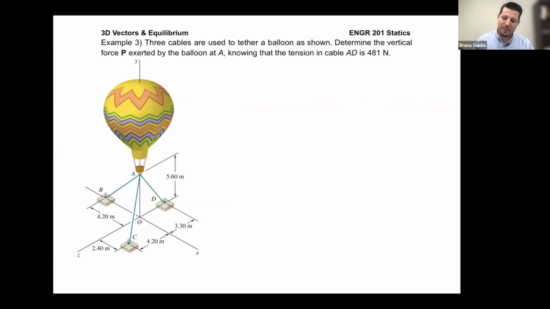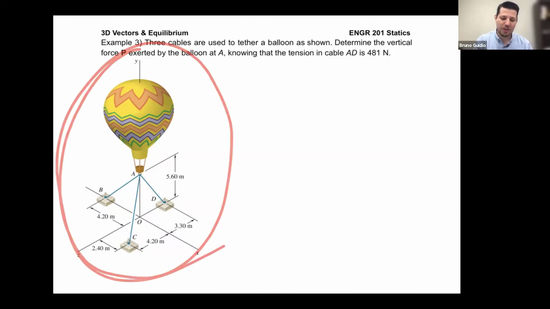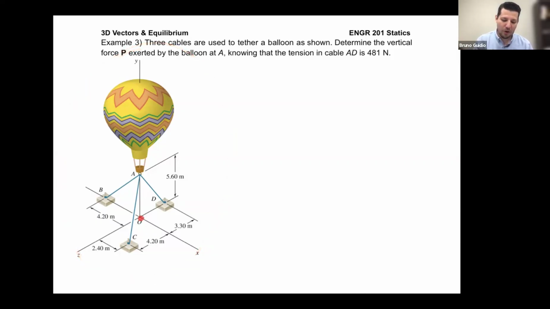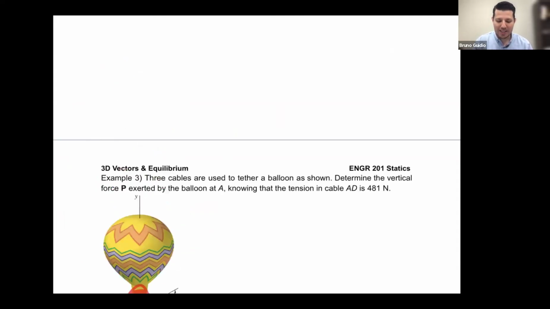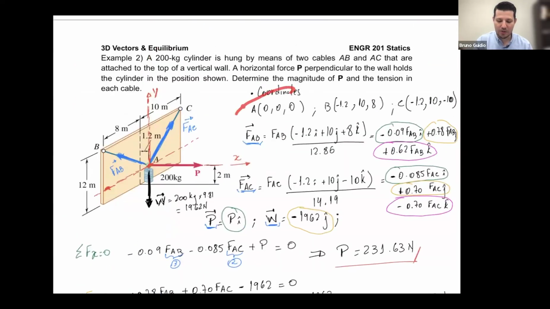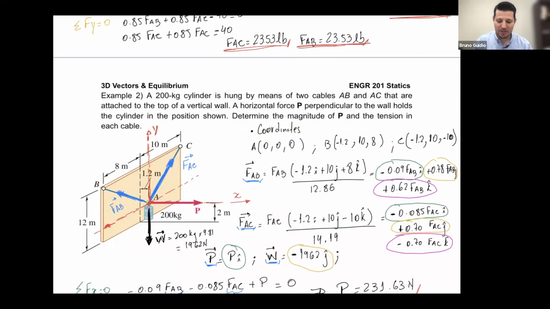Myself, I'm going to solve this problem and post it to you, keeping the origin right here, and then I'm going to work with Y 0 here, Y 0 there, Y 0 here. And this A is not going to be 0, 0, 0 like this one here. It's going to be something else.